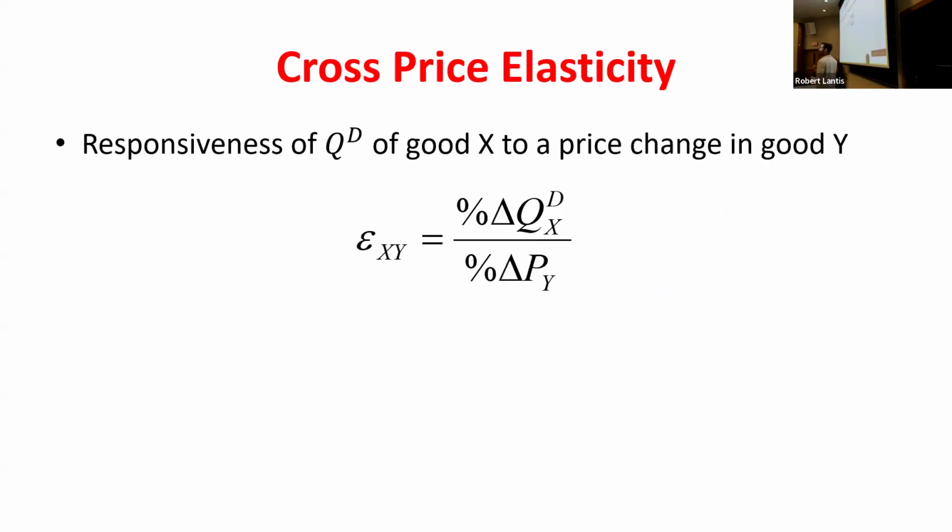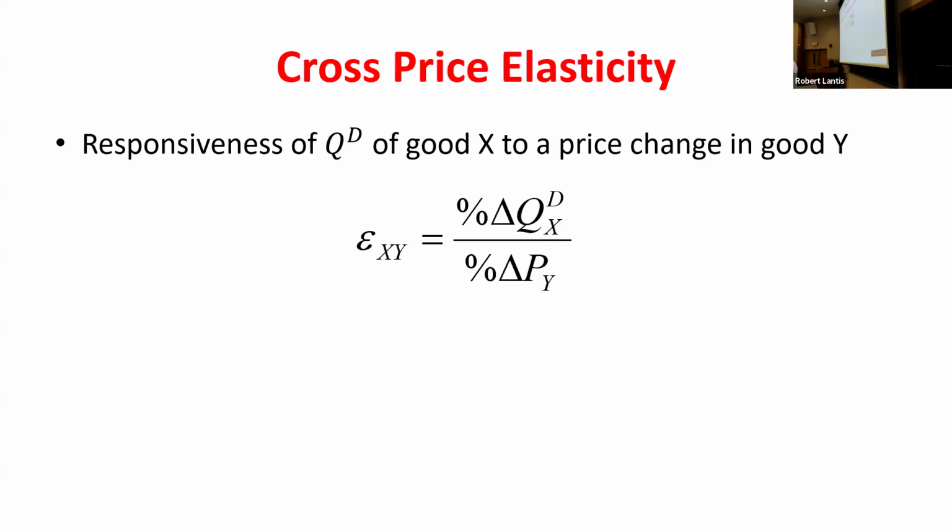If we wanted to look at a cross price elasticity, we're saying if another product's price changes, so product Y has a price change, if that influences the amount that I'm buying of good X, that must mean they are either substitutes or complements. If the cross price elasticity was 0, these two goods are completely unrelated.